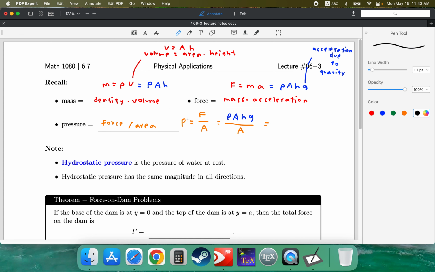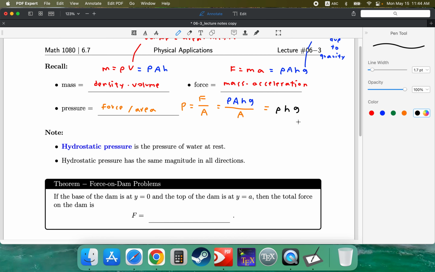We have a new form for the pressure. The pressure is rho times H times G, where rho is the density, and H is the height, and G is the acceleration due to gravity.